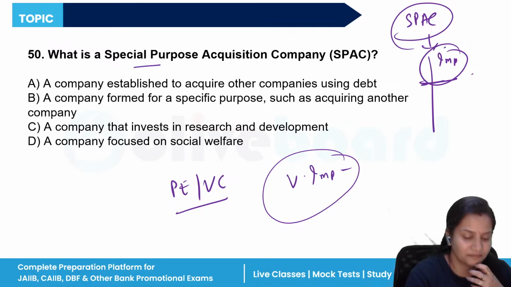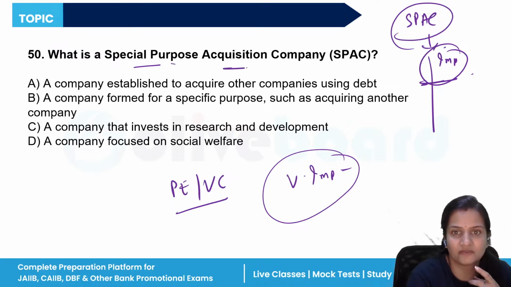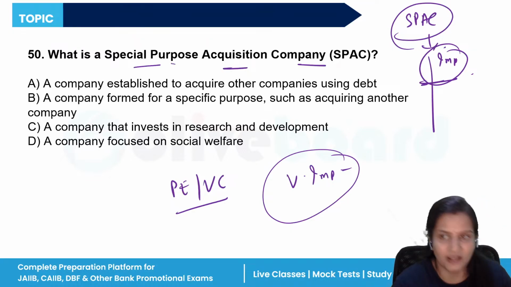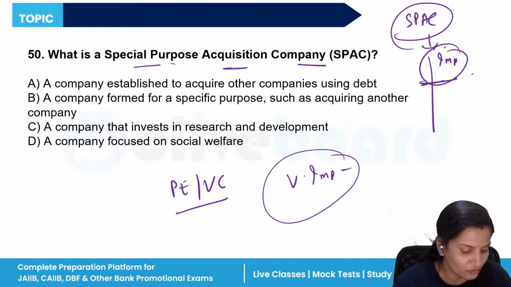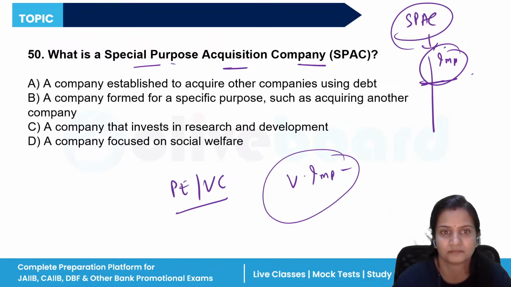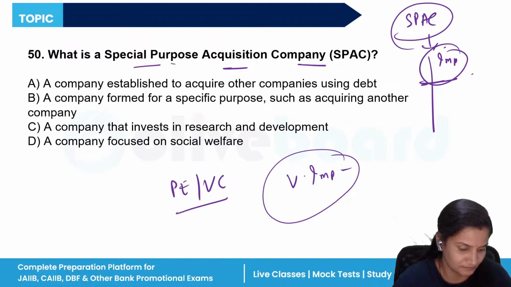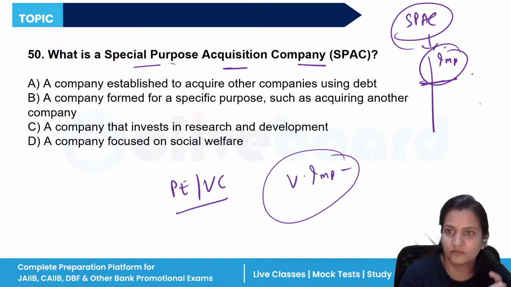What is SPAC? Special Purpose Acquisition Company. I guess you know the basic objective of this SPAC, why this company has been formed. Do you all know that? Tell me. If you all know, then I will move on. Otherwise, I will explain it to you.